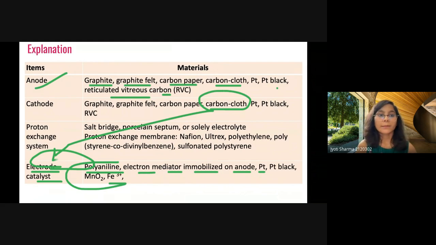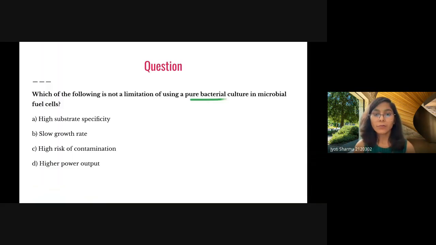Okay, coming to my next question, in that electrochemical cell we can use a pure bacterial culture. It means we will have a very specific species of bacteria, but we can also use a mixed bacterial culture. It means we can have different types of bacteria within that cell.